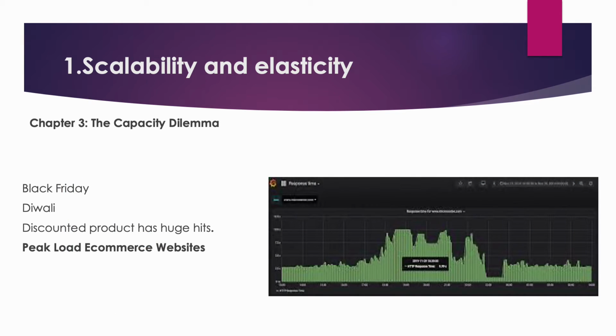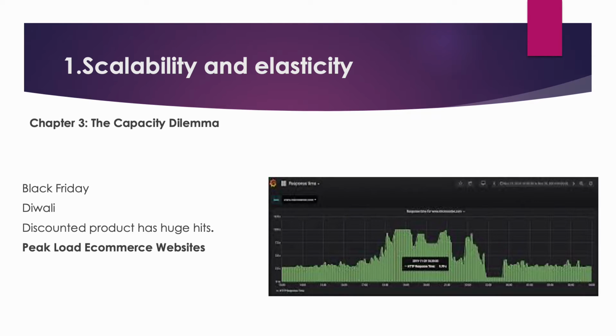Let's talk about the capacity dilemma. Consider an e-commerce website. Throughout a year, it has regular traffic, but during events like Black Friday, traffic can spike. The challenge here is capacity planning. Ordering additional hardware for those peak periods can take weeks or even months. Example: this is how Amazon manages this.